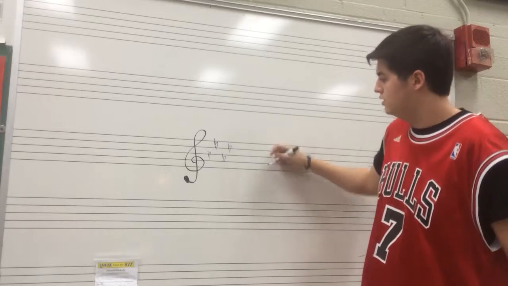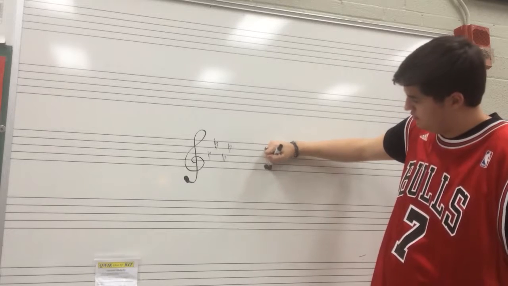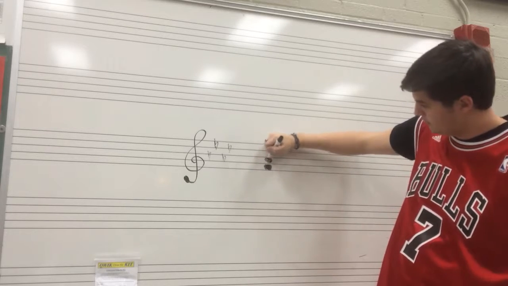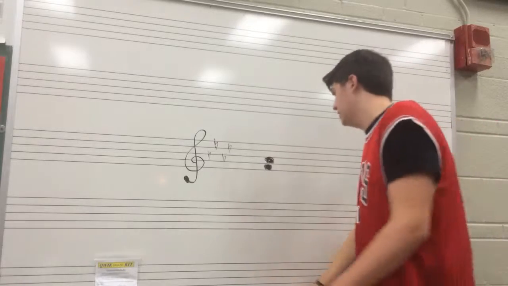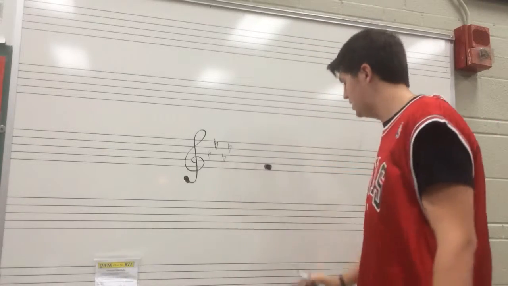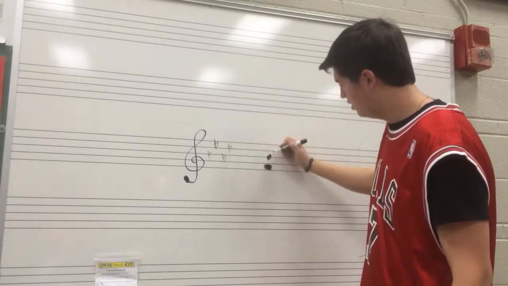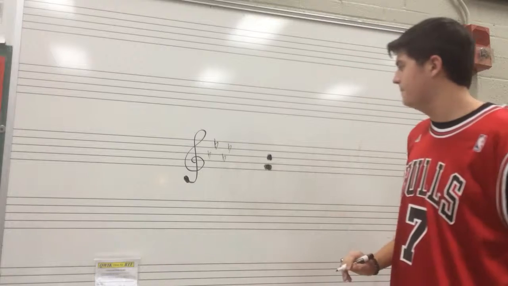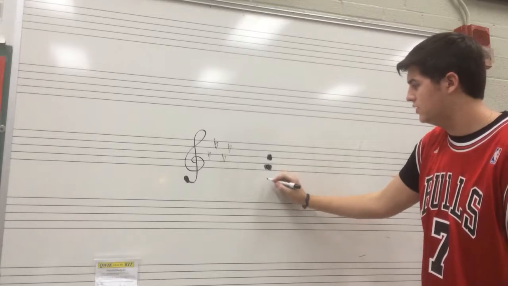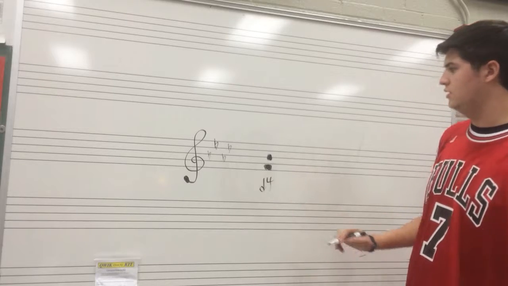Let's talk about diminishing a perfect fourth or fifth. So that can't be an A, that needs to be a B. Okay, so let's say it wants a diminished fourth.